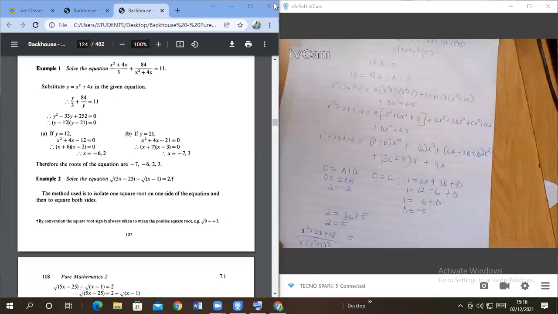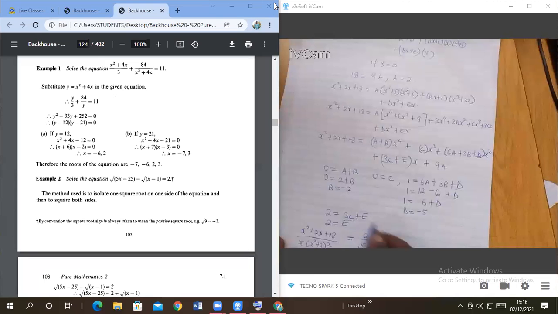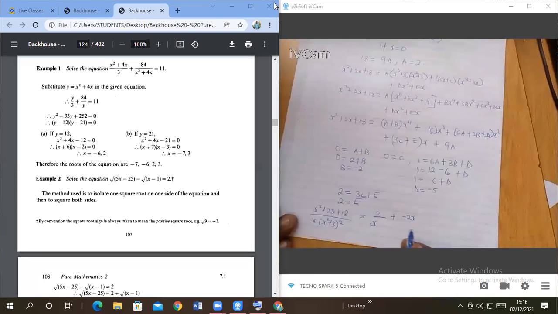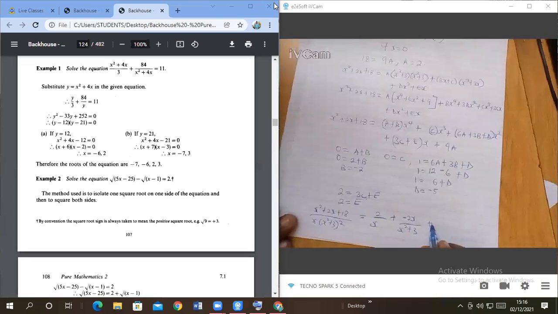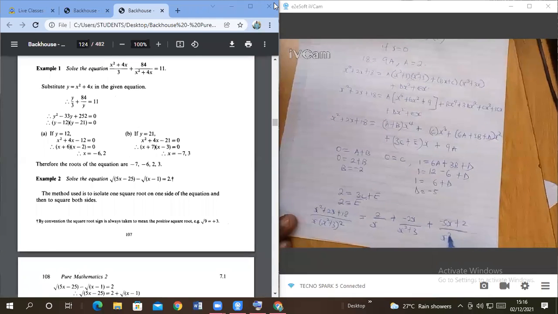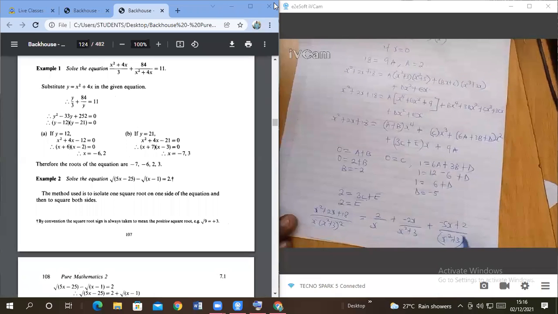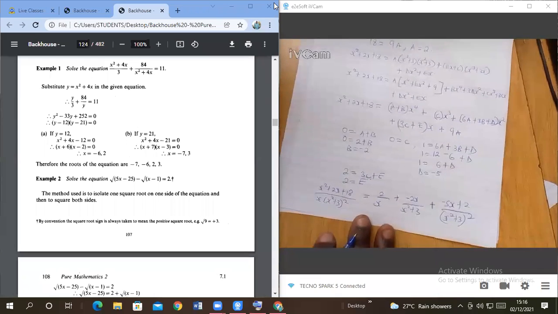The value of A we found to be 2 over x, plus B is negative 2, so we have negative 2x plus C is 0, so we simply ignore that, over x squared plus 3, plus D, which is negative 5, of course, times x, plus E, which is 2 over x squared plus 3 squared. Is that okay?